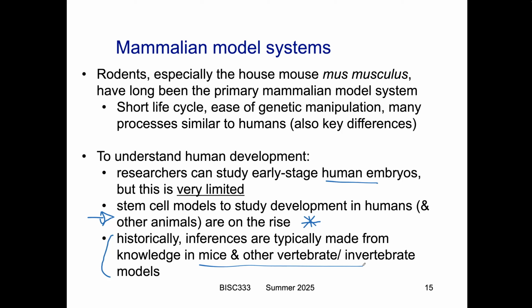Dorsal-ventral signaling in invertebrates is practically the same as in vertebrates, except that it's upside down. So dorsal versus ventral are reversed, but the molecules tend to be the same, and the kinds of signaling that goes on tend to be the same. There is a lot we can learn about ourselves simply by having a look at some other model organisms.